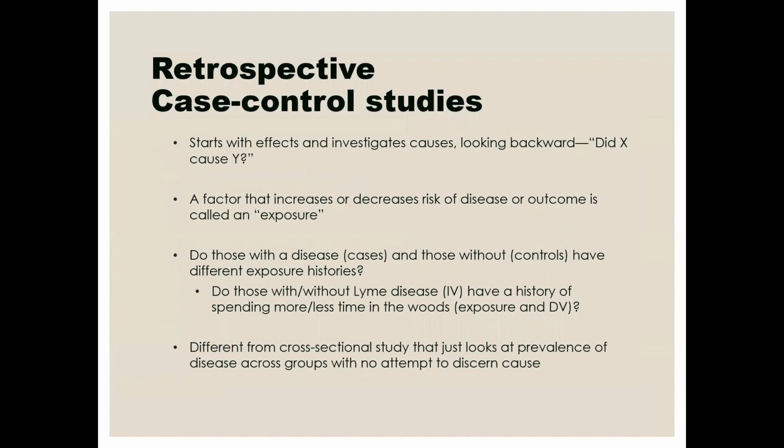We're interested in looking at this independent variable of people with or without Lyme disease, but what led to it, right? So we're testing this relationship: do we see that people with or without Lyme disease spend more or less time in the woods, right? How are we seeing that relationship?